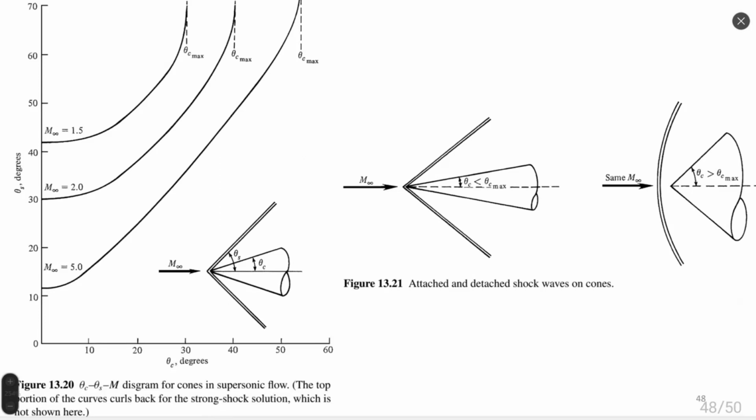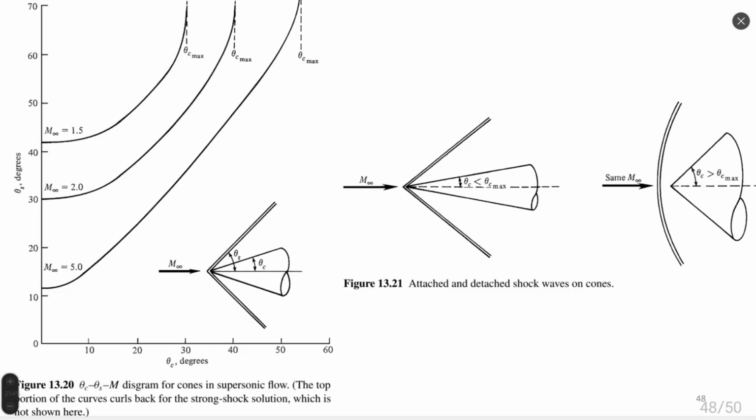The next slide shows us the change of the angle of the shock wave with respect to the angle of the cone. You see that from 0 to 60 degrees approximately this variation of the angle of the body happens, and it shows us that the angle of the shock wave can be obtained as a function of Mach number, shown for 3 different Mach numbers: Mach 1.5, Mach 2, and Mach 5.